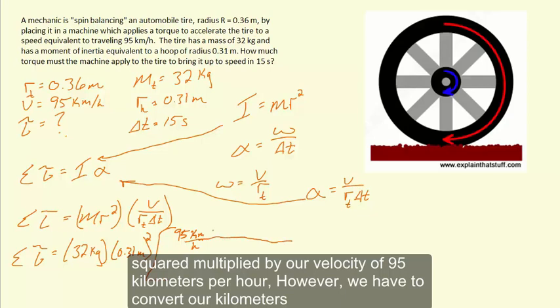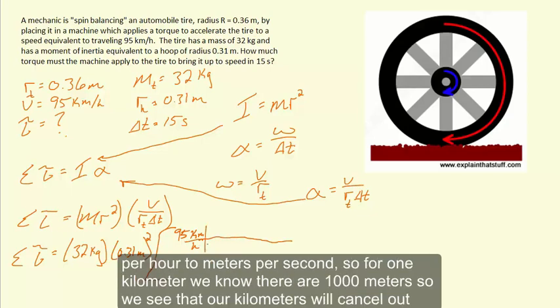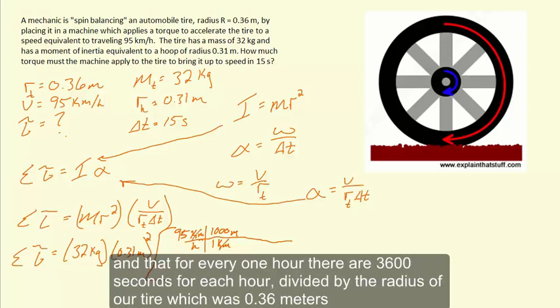However, we have to convert our kilometers per hour into meters per second. So for 1 kilometer, we know there are 1,000 meters. So we see that our kilometers will cancel out. And for every 1 hour, there are 3,600 seconds.